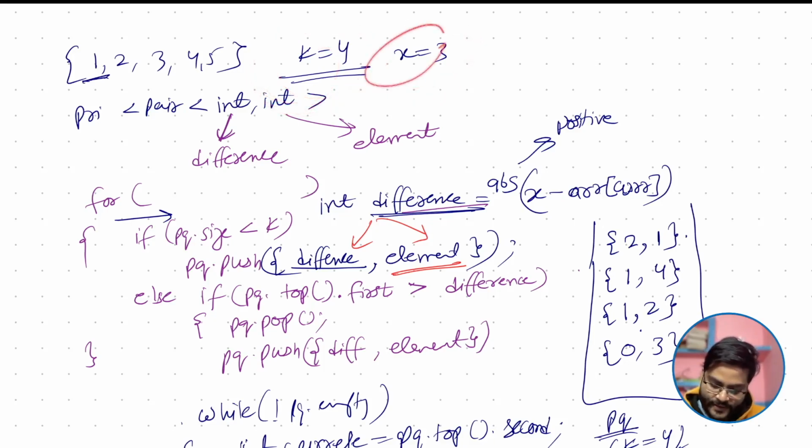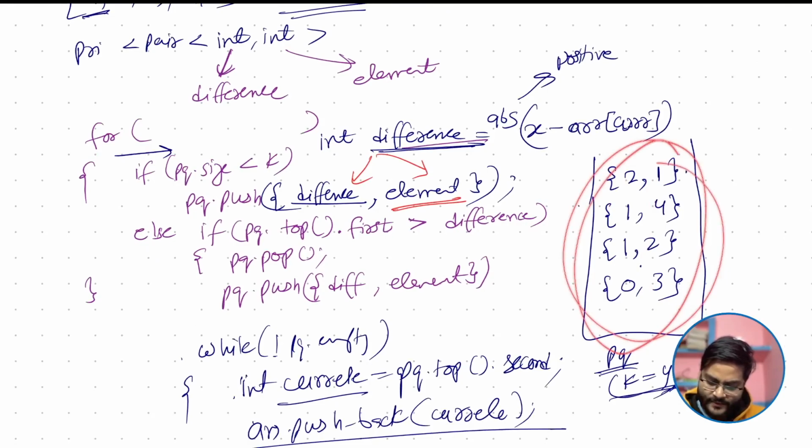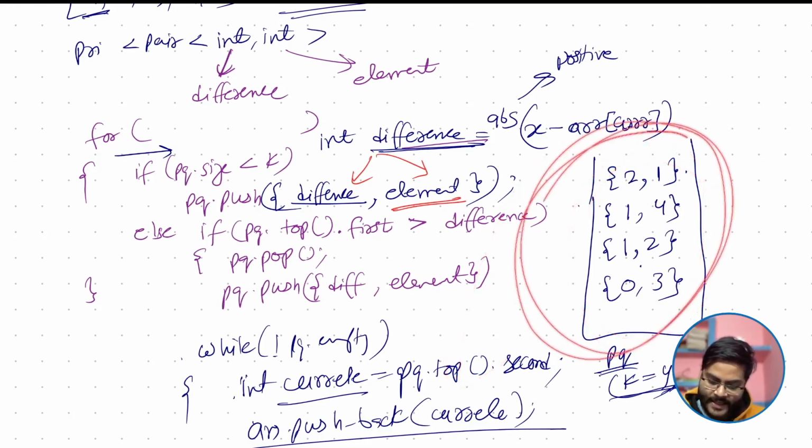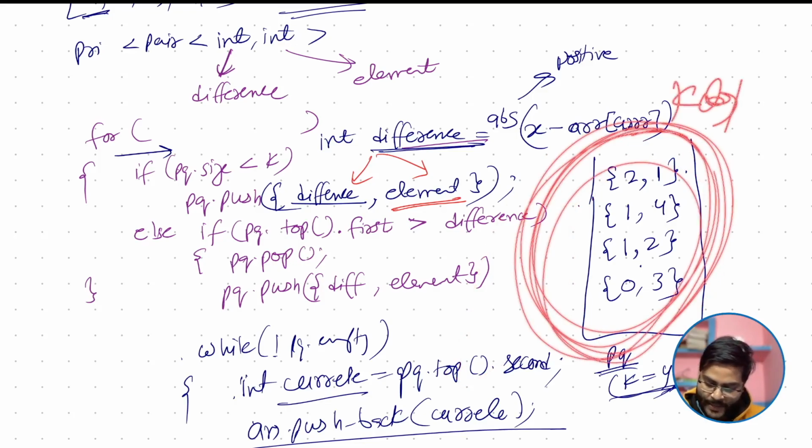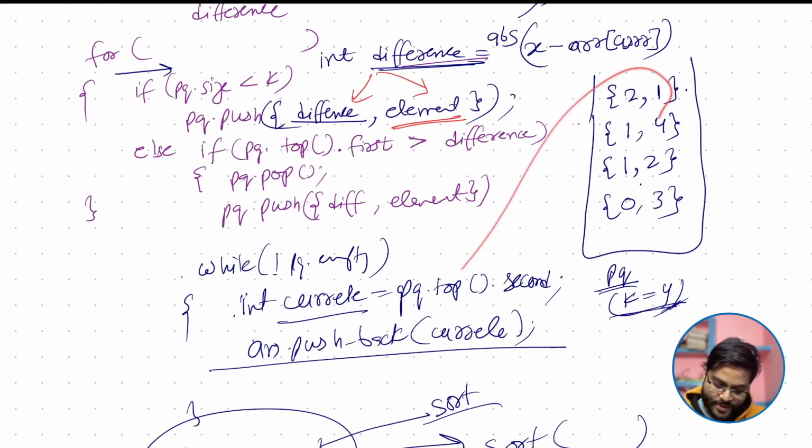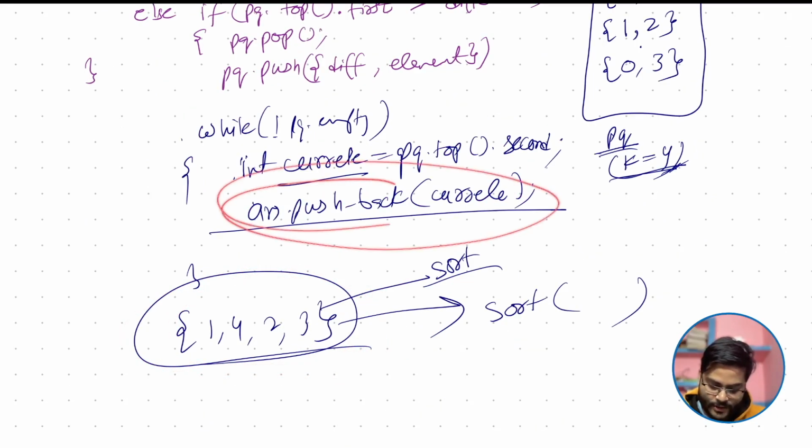So we'll take the difference and the current element in our priority queue, and based on it we will return the answer. First we will store the k closest elements in our priority queue, and then push them back in the answer. And if we need to return the answer in sorted format, we will sort this.